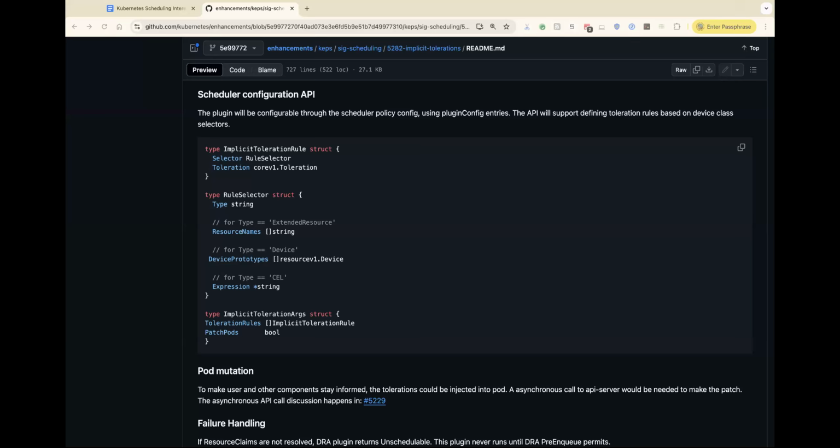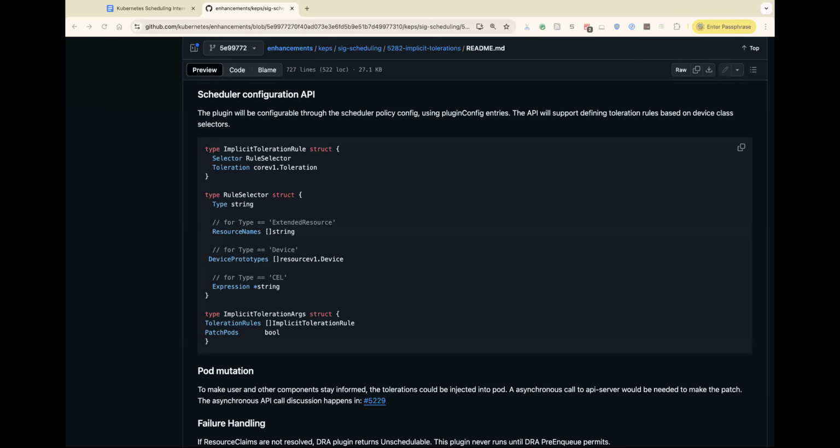The existing solution by multiple cloud providers, including Google, is adding a webhook in the admission chain, which would automatically add the toleration to the specific node when they detected it might need the specific resources, or it could be scheduled to a tainted node.